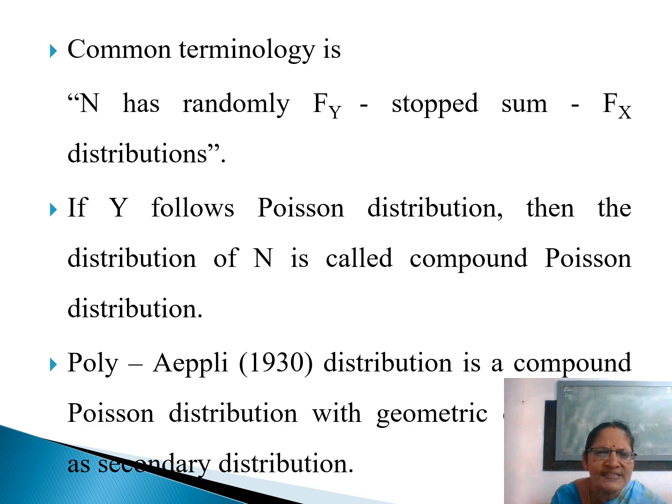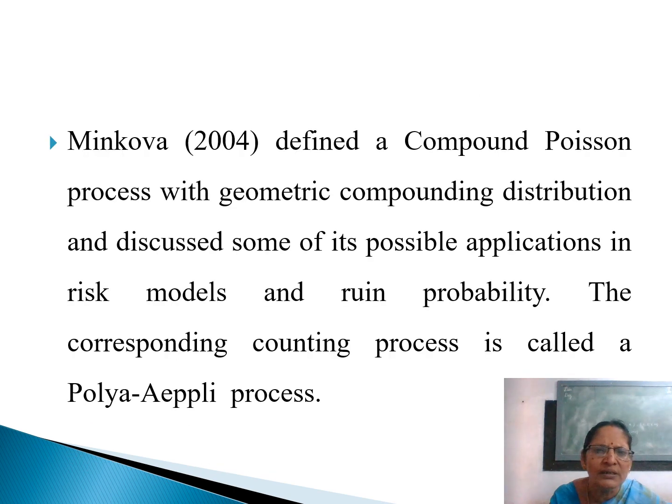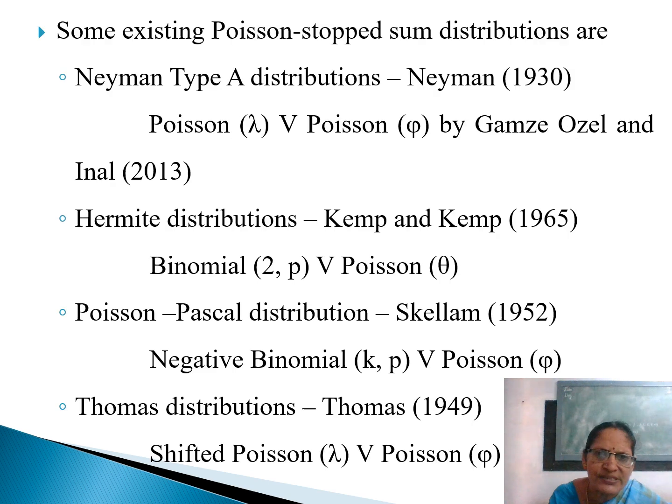The Polya-Aeppli distribution is a compound Poisson distribution with the geometric distribution as a secondary distribution. Minkova in 2004 defined a compound Poisson process with the geometric compounding distribution and discussed some of its possible applications in risk models and ruin probability. The corresponding counting process is called the Polya-Aeppli process.